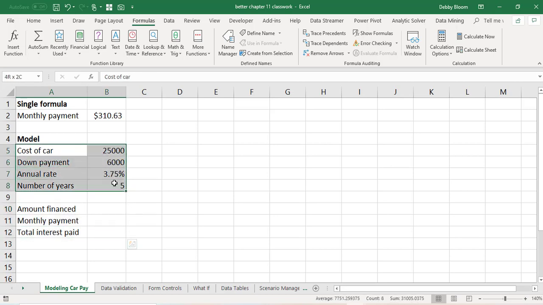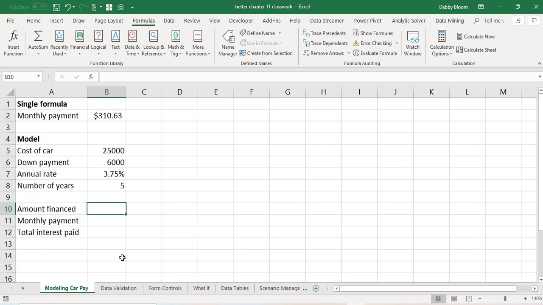In my input area are all of the different variables. So really the only variables in this problem are the cost of the car, the down payment, the annual rate, and the number of years. And from that, we can calculate both the monthly payment and the total interest paid. So first, let's calculate the amount financed.